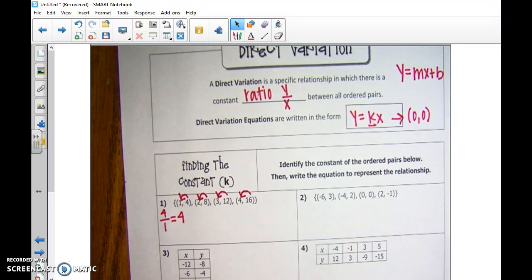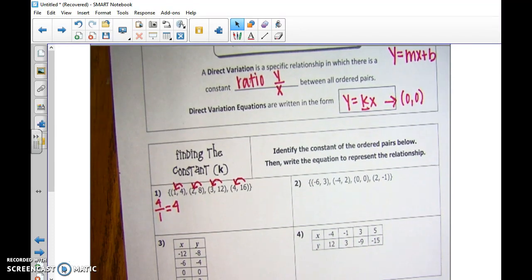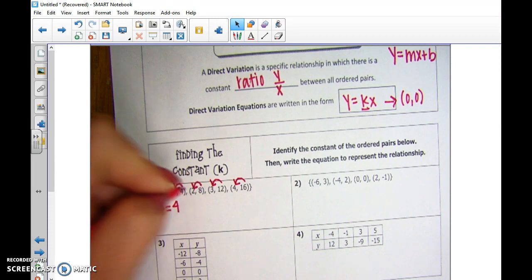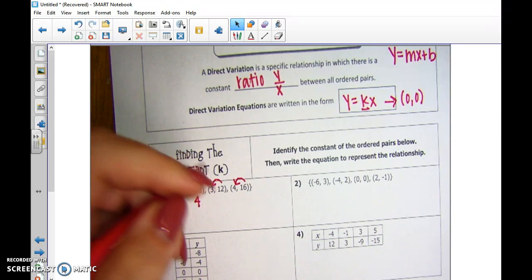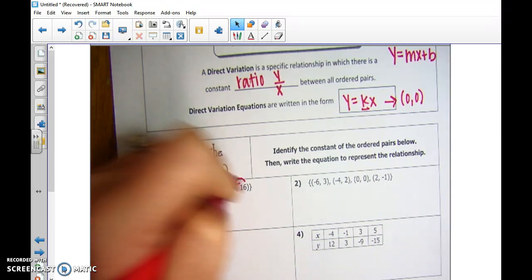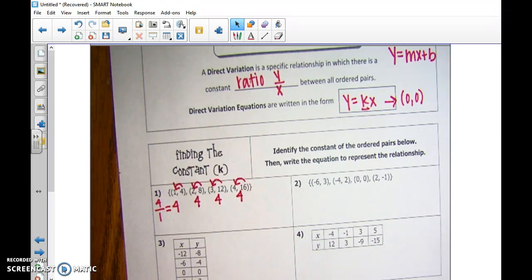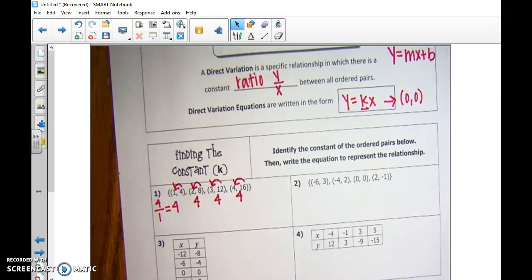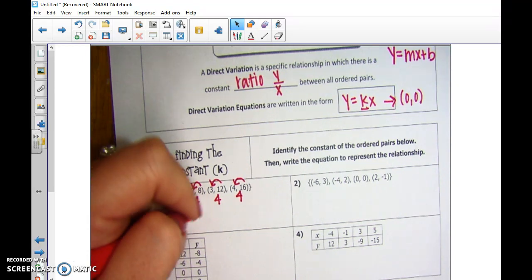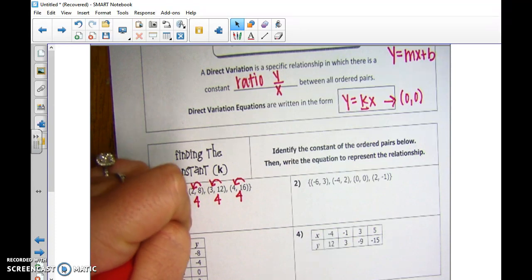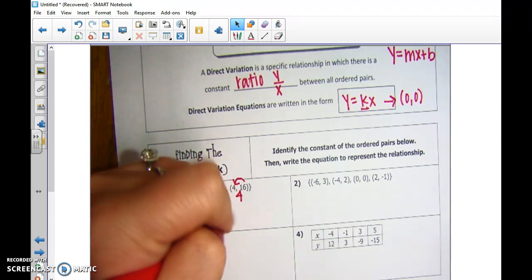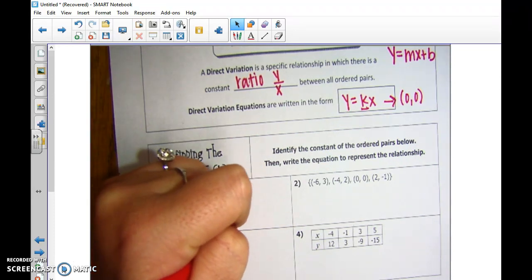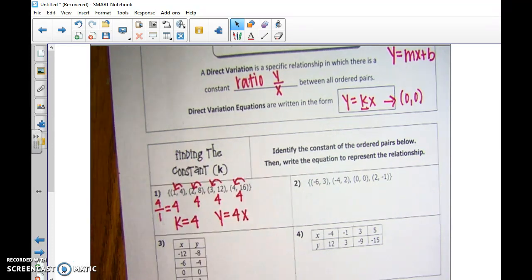If you did not already notice, we can see a pattern between all of our y and our x. 8 divided by 2 is also going to be 4, 12 divided by 3 will be 4, and 16 divided by 4 will also be 4. So we can say that our constant is going to be 4, and then we can set up an equation simply as y equals 4x.